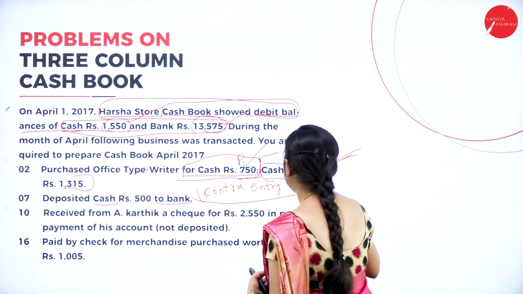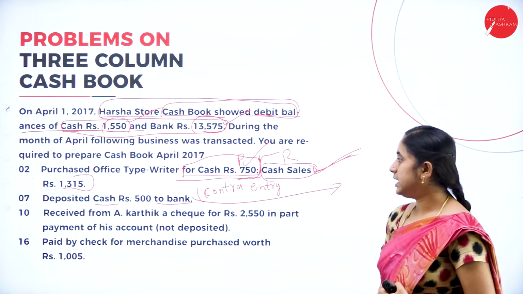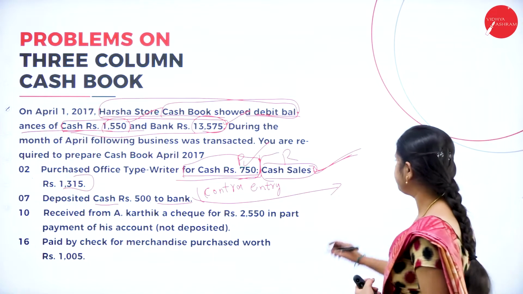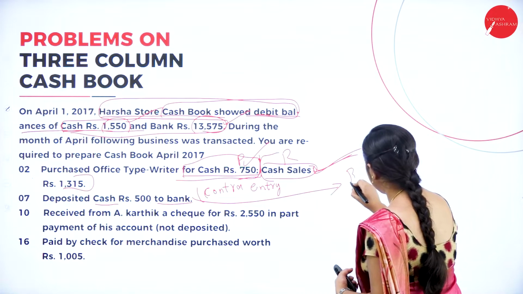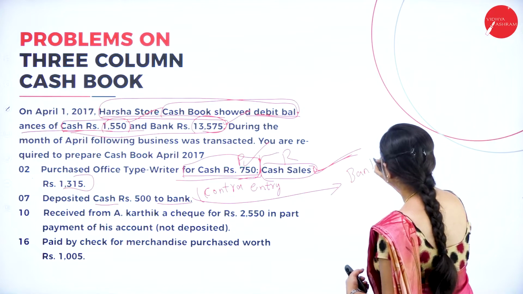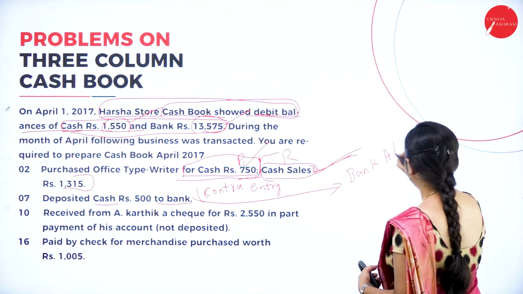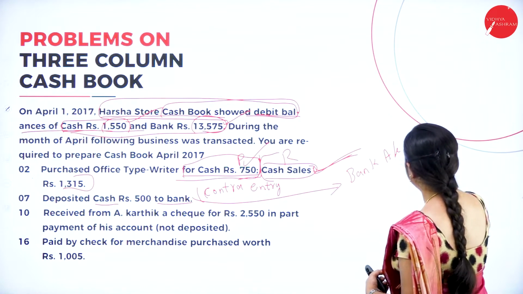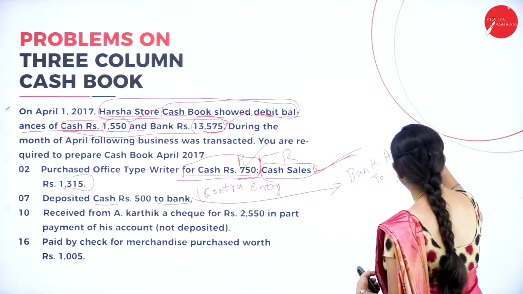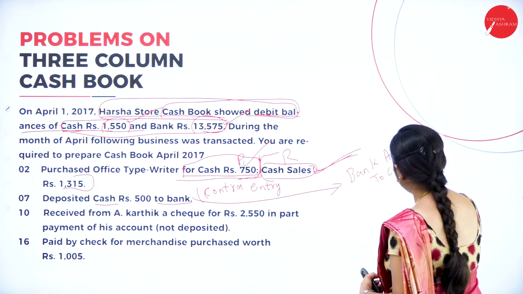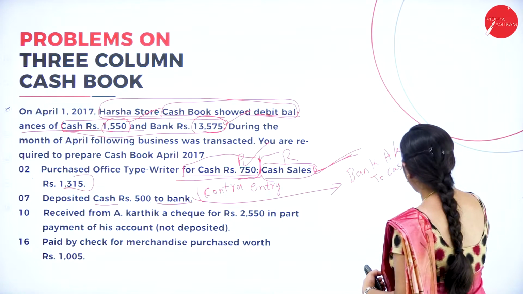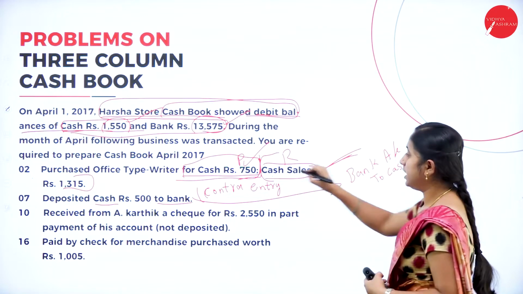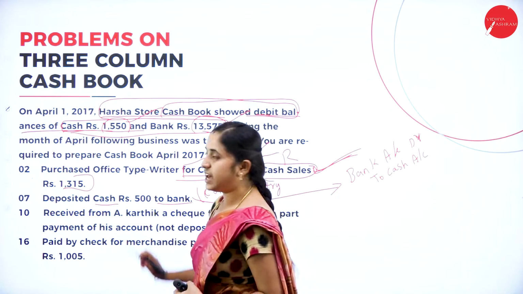Normally the journal entry for depositing cash into bank is bank account debit to cash account. This is the journal entry for this transaction.